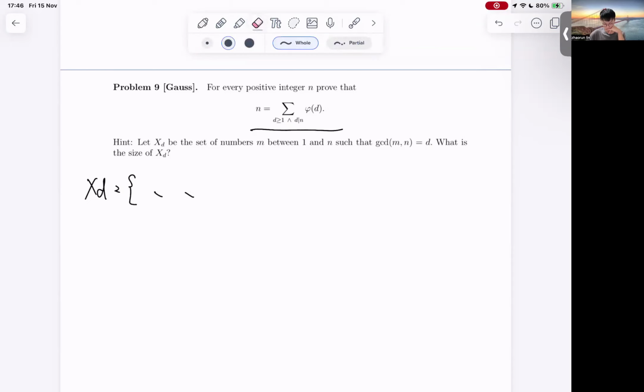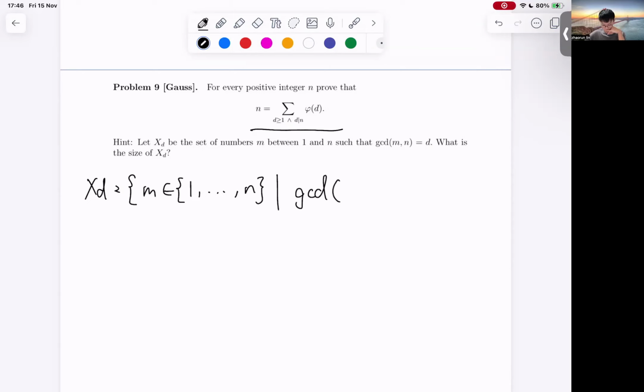So let me write it this way, maybe. This m should be in this set. And the greatest common divisor should be d. This is the definition of X_d. Right.